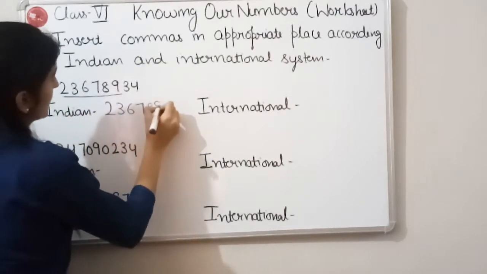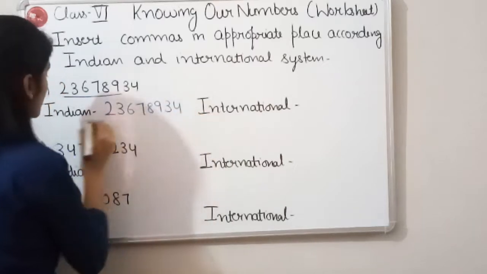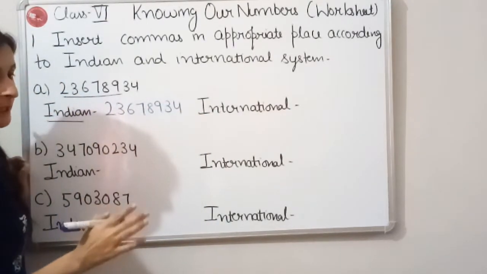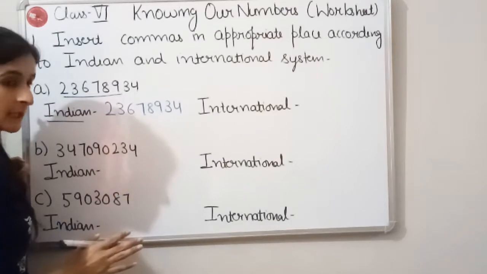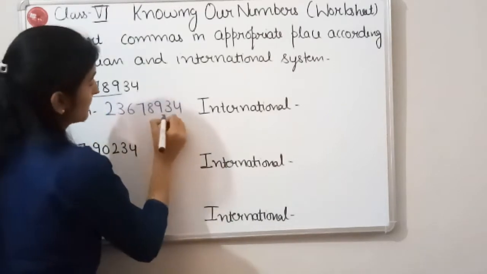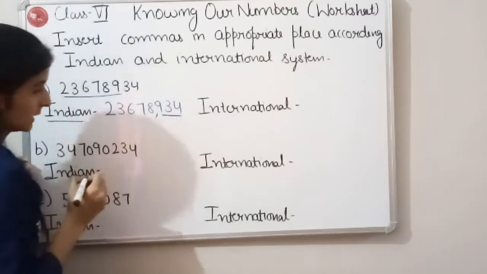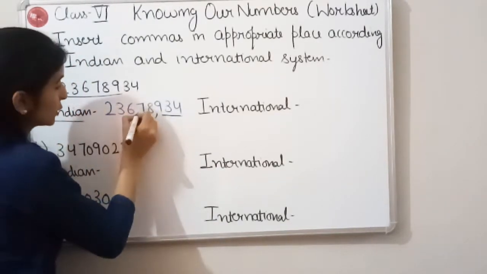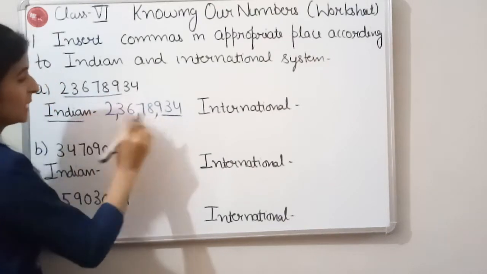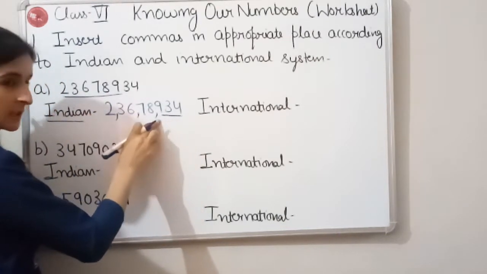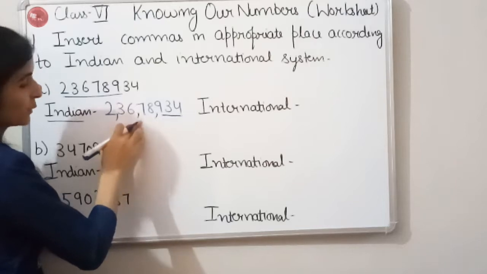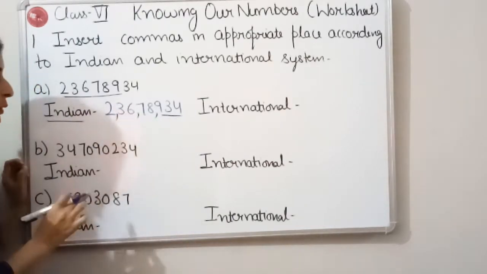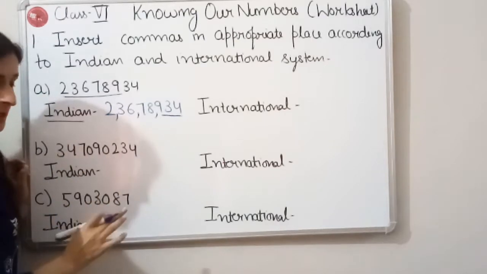Firstly we have to put commas according to the Indian number system. As we have already discussed, there are 3 places in the ones period and all other periods have 2 places. So firstly we put a comma after 3 places, then we put commas after leaving 2 places. That is according to the Indian number system.